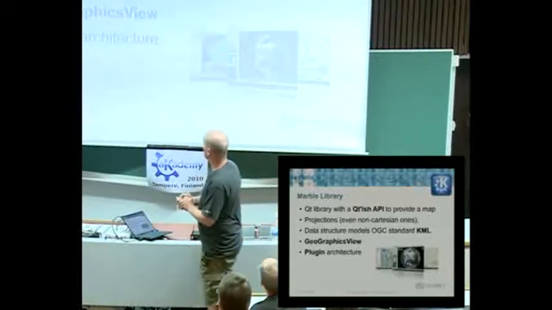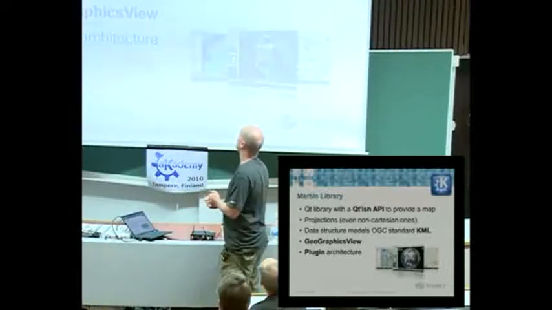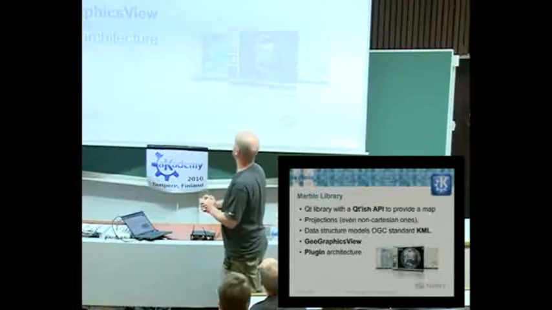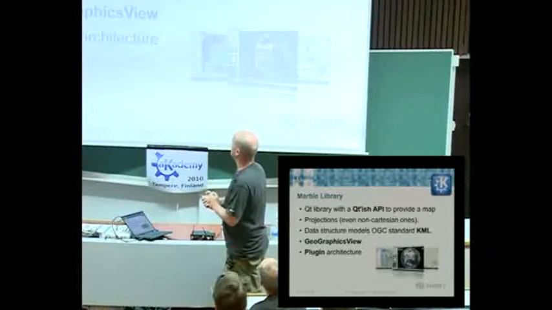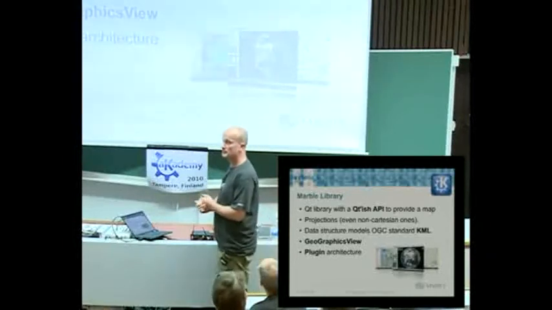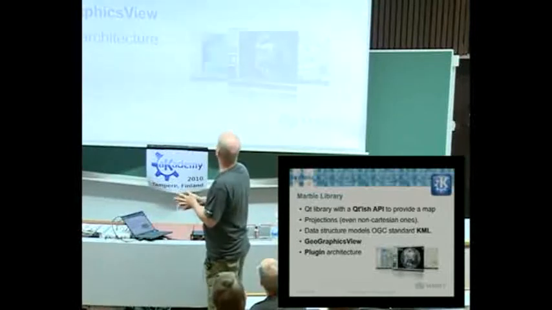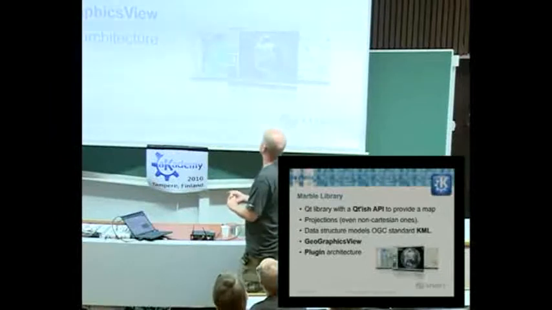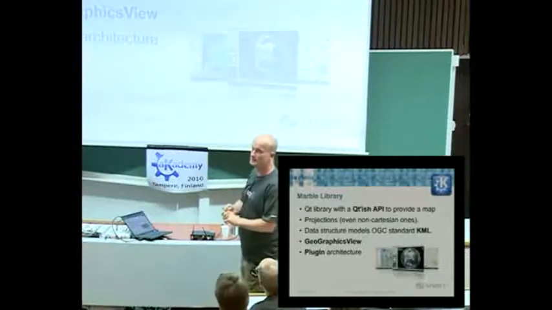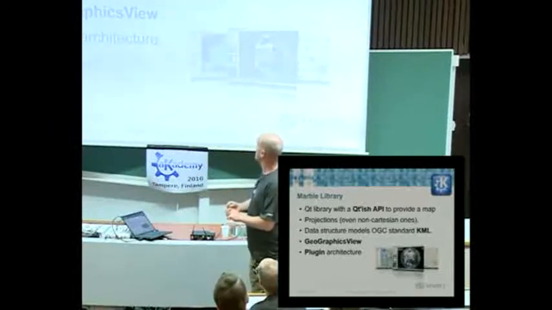So for Marble, the library, the goal is basically to have a library with a Qt-styled API to provide a map. The widget is supposed to have different support for different projections. We also have the data structure internally modeled after Google Earth's file format and the OGC standard KML.